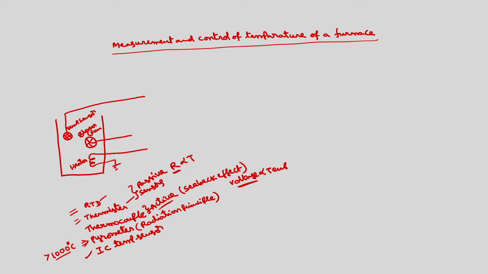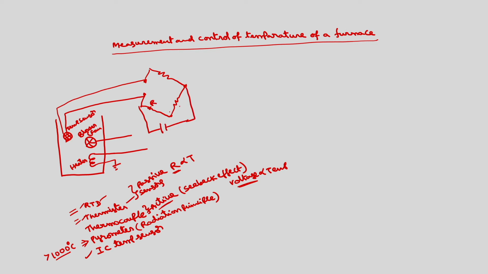Okay. Suppose I use this RTD or thermistor here. We will be having two leads. In order to convert this change in resistance to voltage, we will connect this to one of the arms of a bridge. We will take a bridge, and we will apply some voltage at this point.